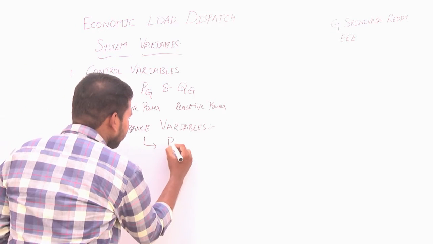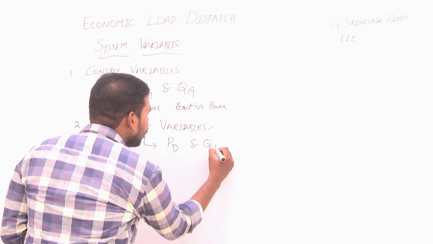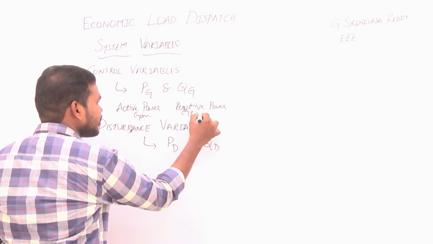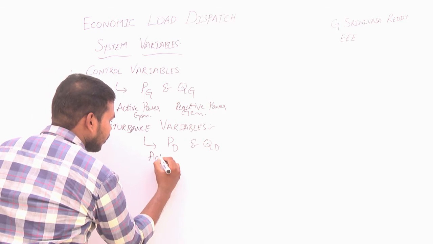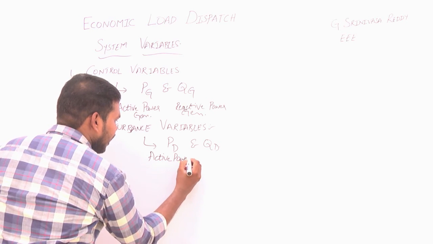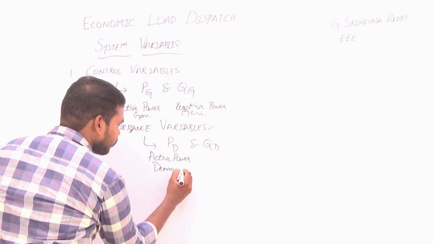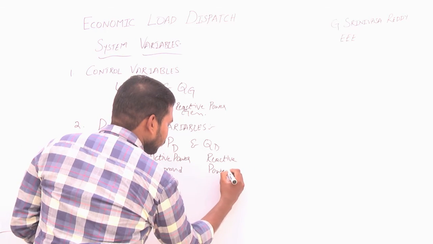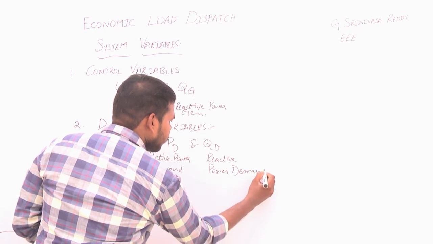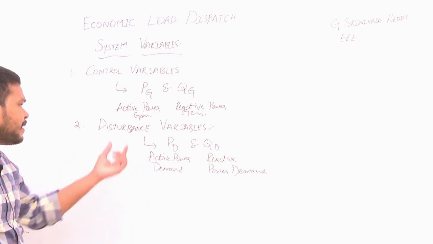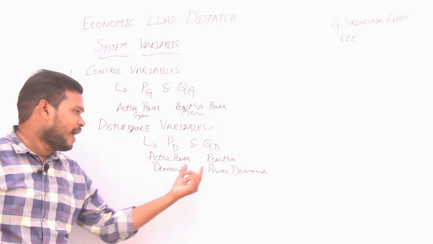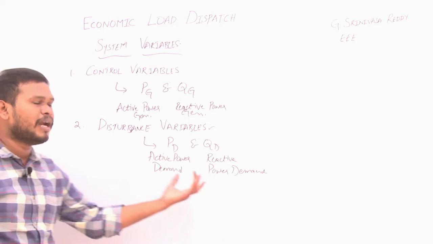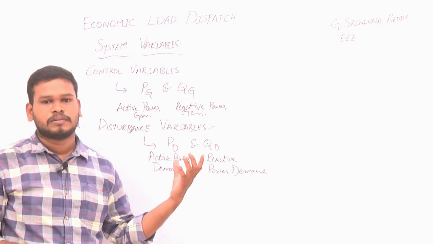Those are nothing but PD and QD. Similarly, this is active power generation and this is reactive power generation, whereas these are active power demand and reactive power demand. So disturbance variables are active power demand and the reactive power demand. So these are also called as demand variables, right?